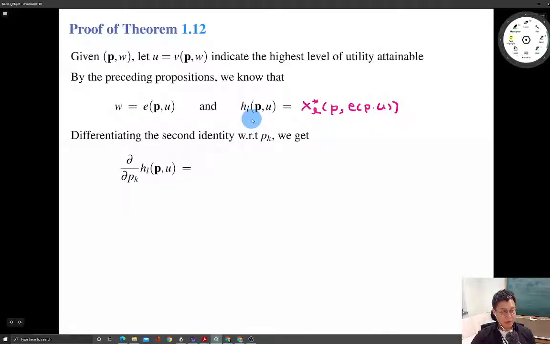On the left-hand side, we obtain the partial derivative of the Hicksian demand for good L with respect to p sub k. On the right-hand side, p sub k appears in place of the price vector and also in place of W, so we have to consider the total derivative. We first take the partial derivative of x sub l, the Walrasian demand for good L, with respect to p sub k.